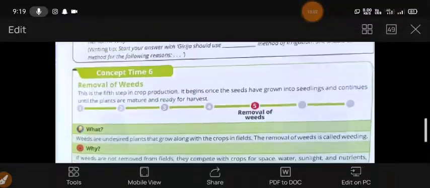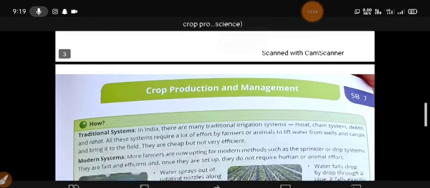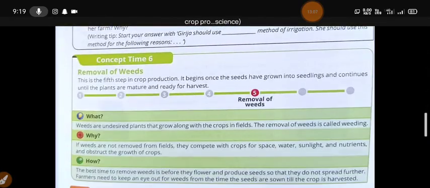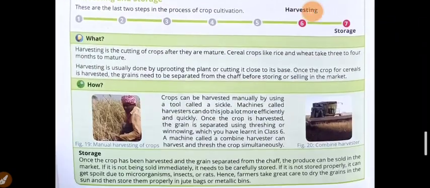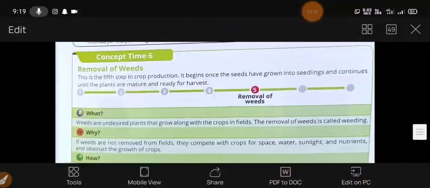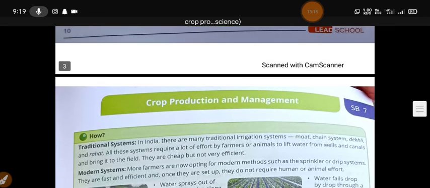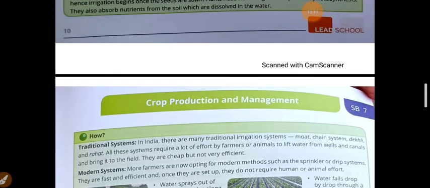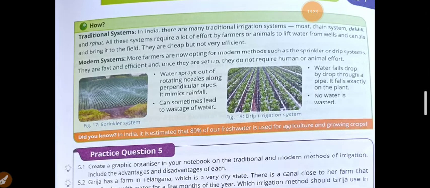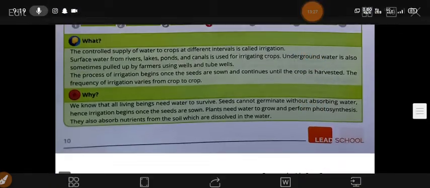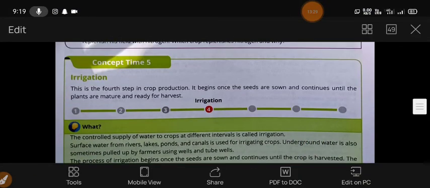You will write concept time 6 and 7 as homework and send it to me before 2 p.m. I will send the PDF as soon as I recover my tab, and then you will write all this practice question. I will explain it and then you will write in the notebook. And if you have any doubts, please feel free to call.